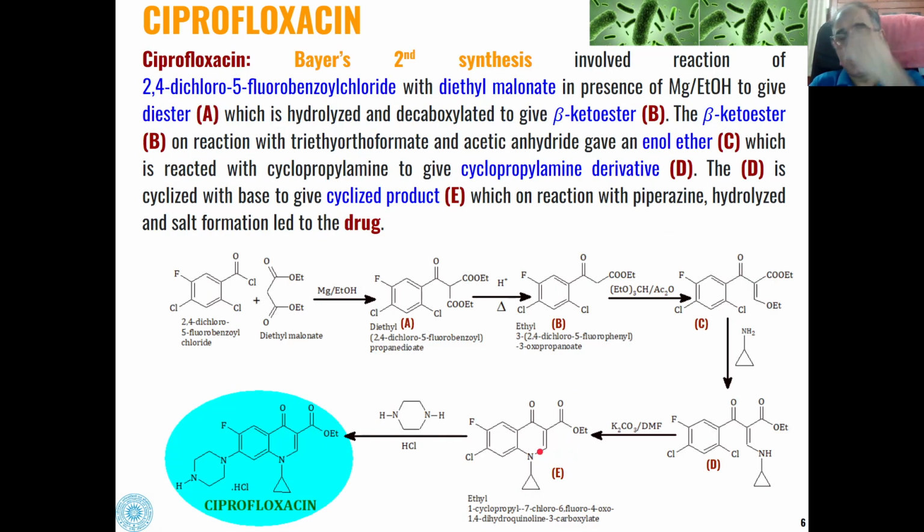Then some modifications in the first synthesis were also done by Bayer, which is called Bayer's second synthesis. So here basically the starting materials have been modified.